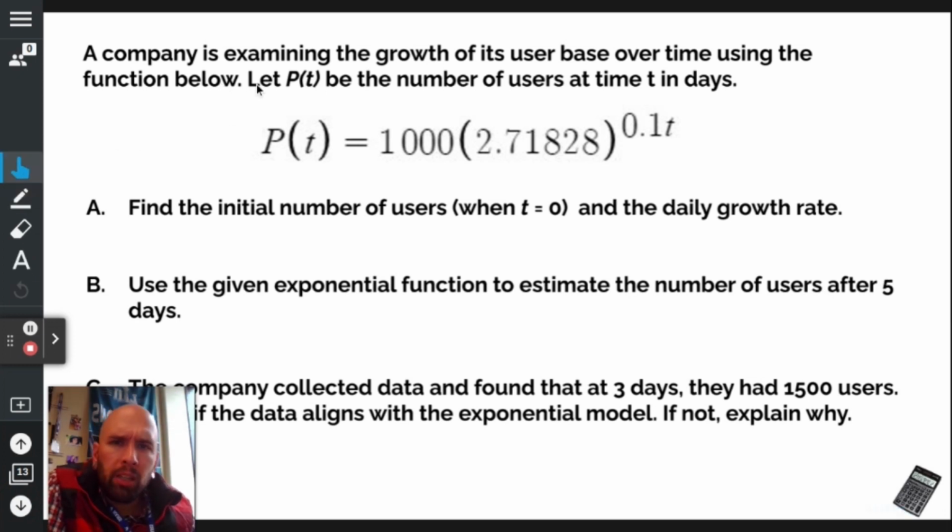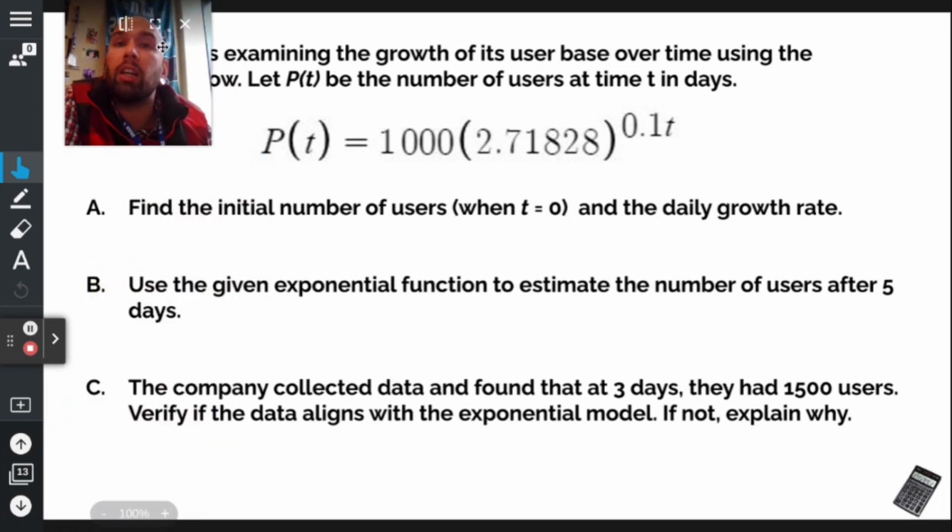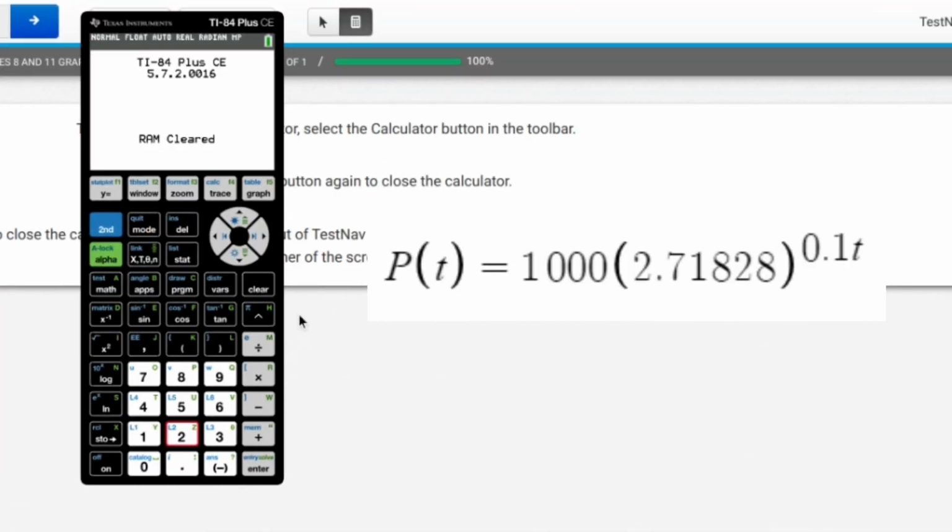A company is examining the growth of its user base over time using the function below. Let P of t be the number of users in t equals days. So users, find the initial number of users when t equals 0. I don't need a calculator, but I'm going to use a calculator. Just take a look. All right, so let's type this in. Y equals, we're just going to type it in right away. 1,000 parentheses 2 point, all those numbers.